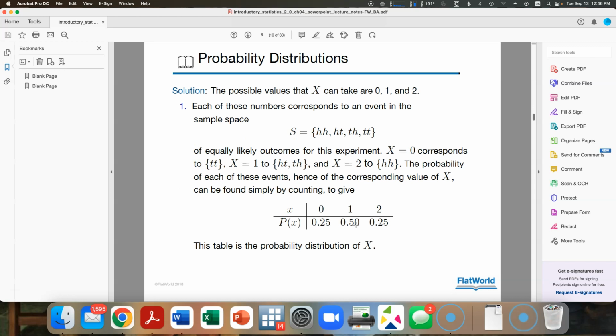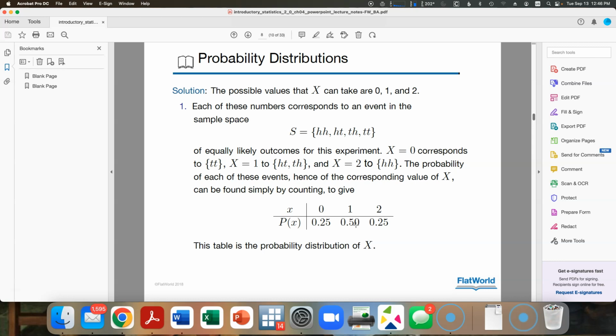As I said, possible values are 0, 1, and 2. All of the possible outcomes would be heads-heads, heads-tails, tails-heads, tails-tails. Each of those 4 is equally likely, because it's a random tossing of a coin.